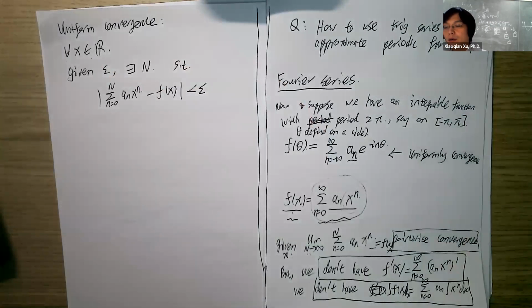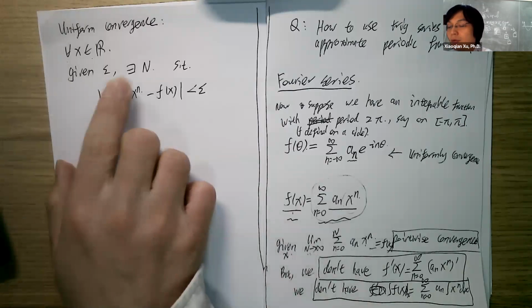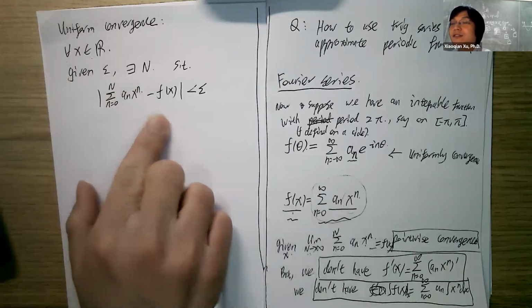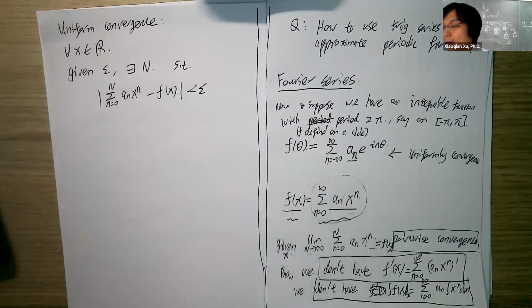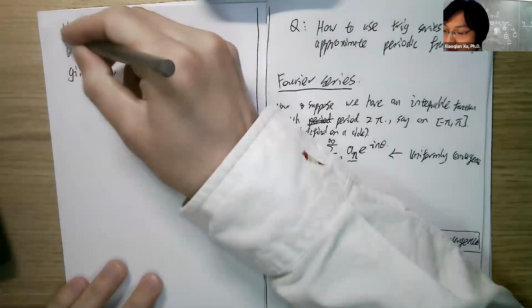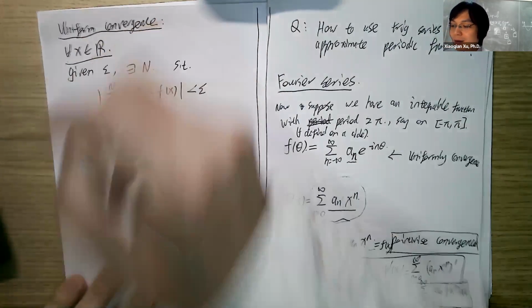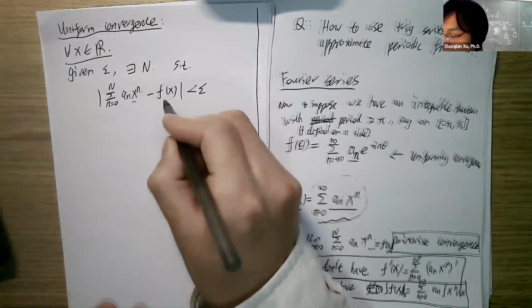You see, uniform convergence is different from the pointwise convergence. Pointwise convergence says that for a fixed x, for each single x, given epsilon, there exists N such that this inequality is true. But for uniform convergence, it doesn't care which x you have.